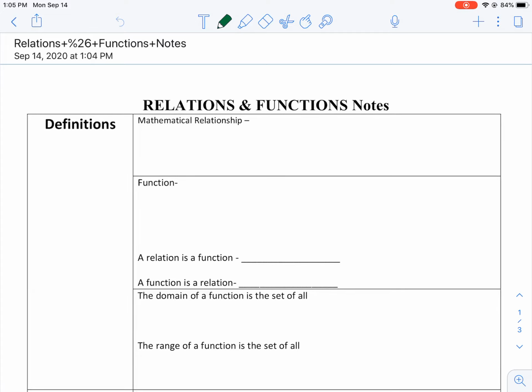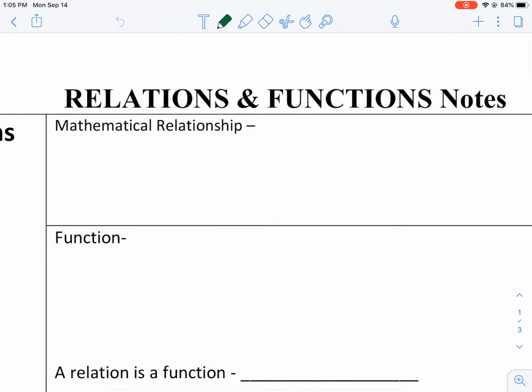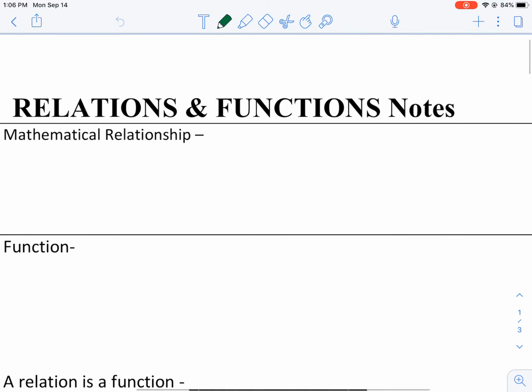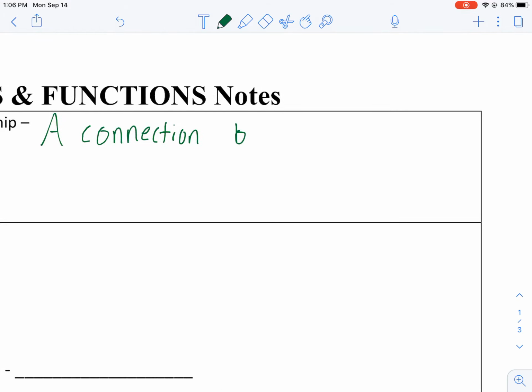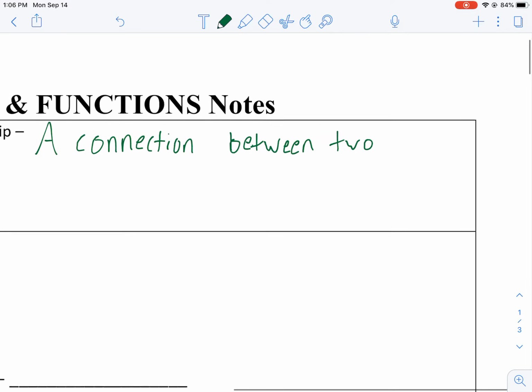So we're going to first start off with, what is a mathematical relationship? A mathematical relationship is a connection between two quantities. So quantity is just a number, all right?